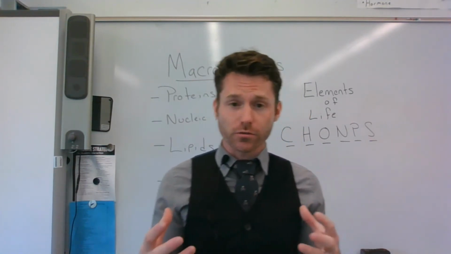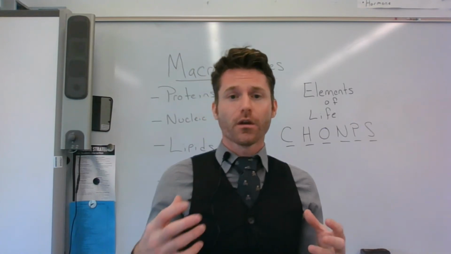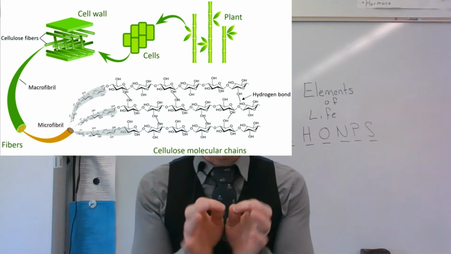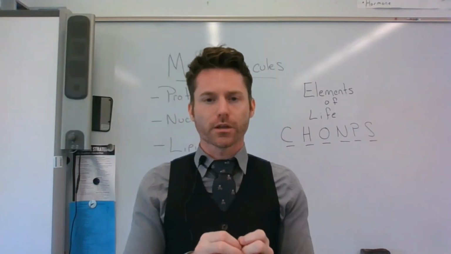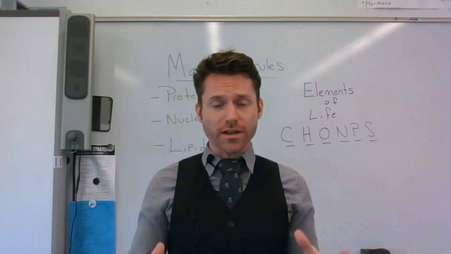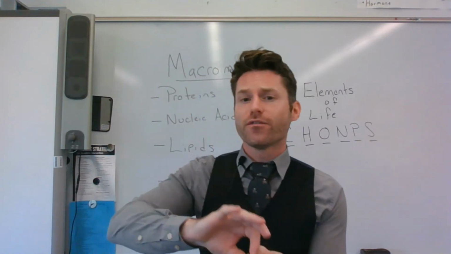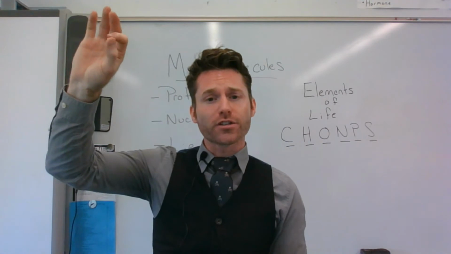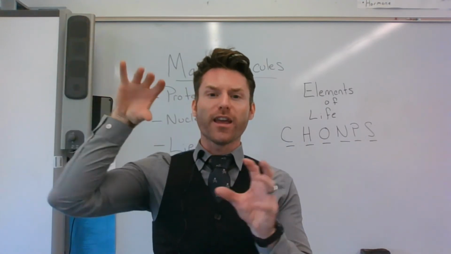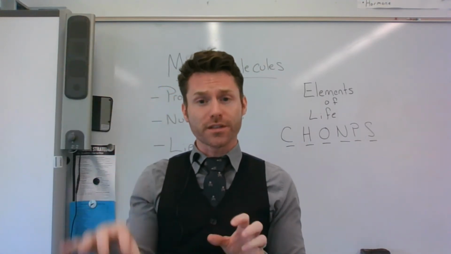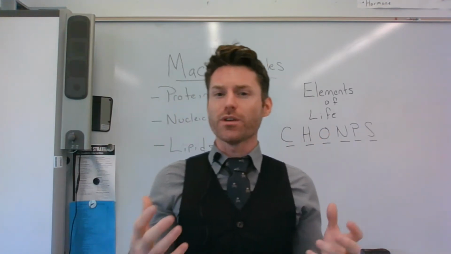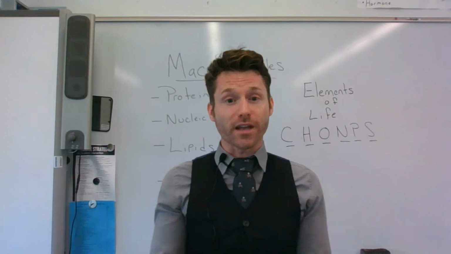There are other carbohydrates as well. There are structural carbohydrates. So if you think about eating a plant, right, it's fibrous, stiff. Those stiff structures are actually made out of carbohydrates. They're very, very long chains of very uniform carbohydrate structures. And they interlink in a way that makes them very stiff. The number one structural carbohydrate that we see is cellulose.